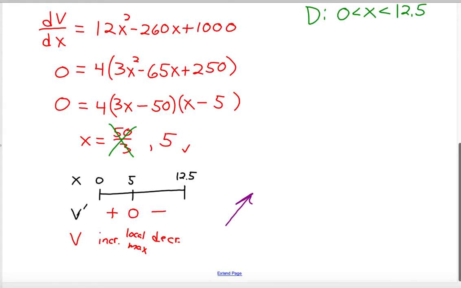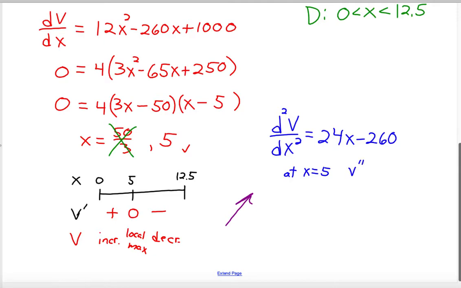Another way I could have done this is, instead of using the sign chart, I could have actually calculated the second derivative. And that's easy for this one because it's a polynomial. So the second derivative would be 24x minus 260. And if I evaluate that at x equals 5, I'm going to get 520. I'm going to get a negative value.